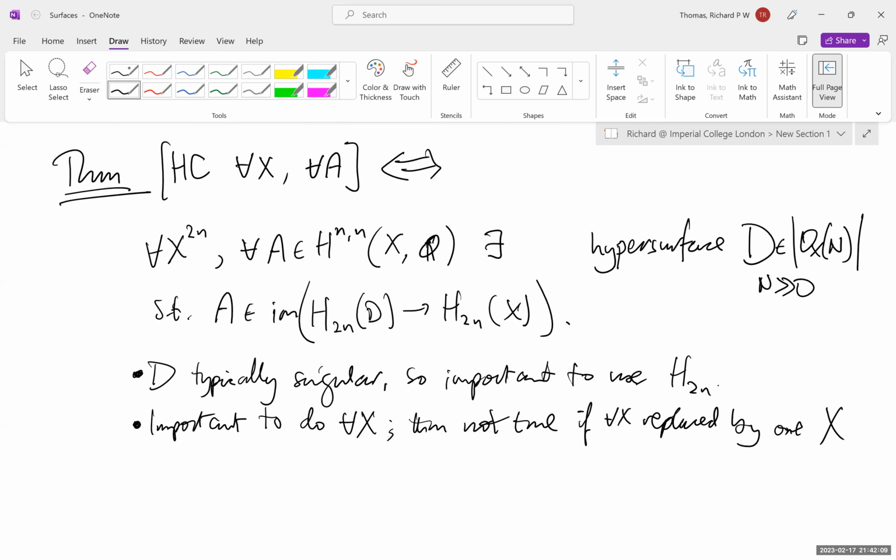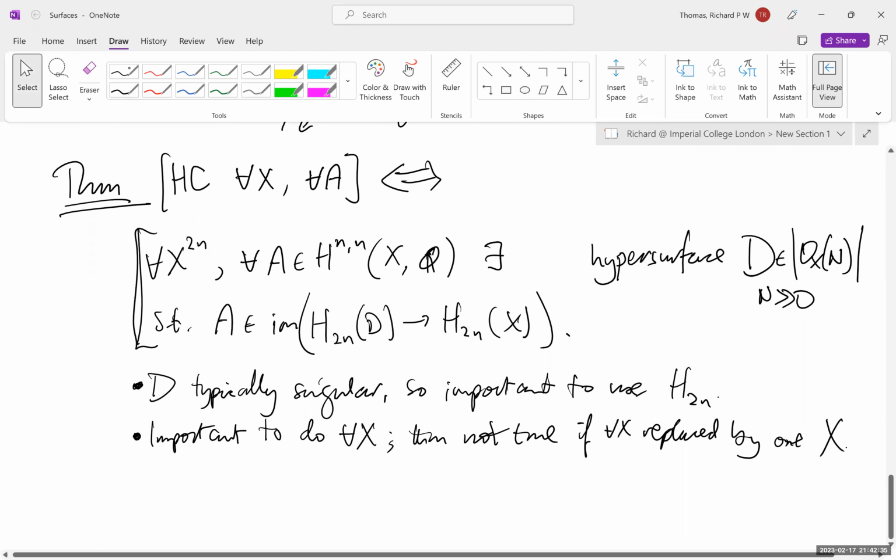If I want to prove the Hodge conjecture for one X, it is not enough to prove this hypersurface statement for that X, or in fact for some other X. You've really got to do all at once. So the Hodge conjecture for all varieties X and all Hodge classes A is equivalent to this statement in the brackets here.